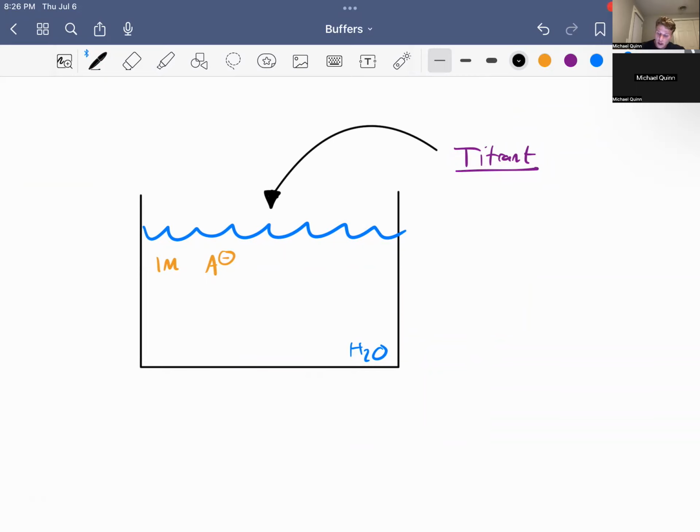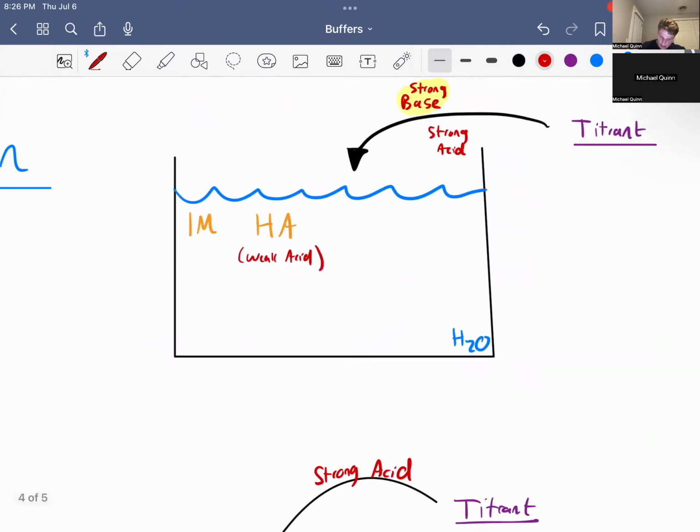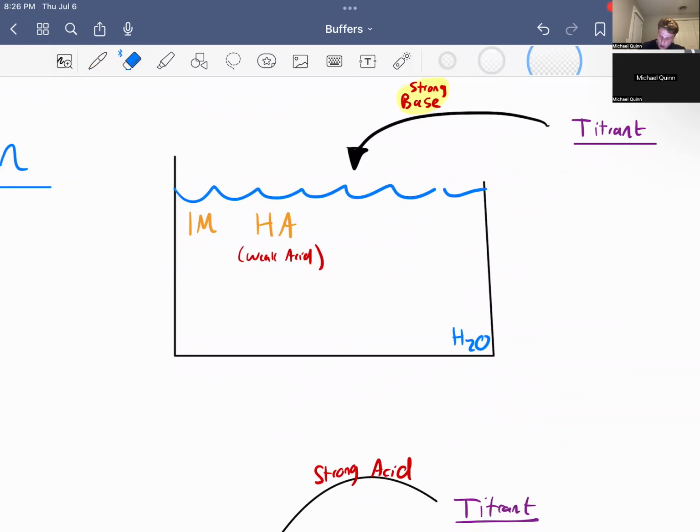That can make a buffer. So in this case, we should use a strong acid. In the case above, we should use a strong base.